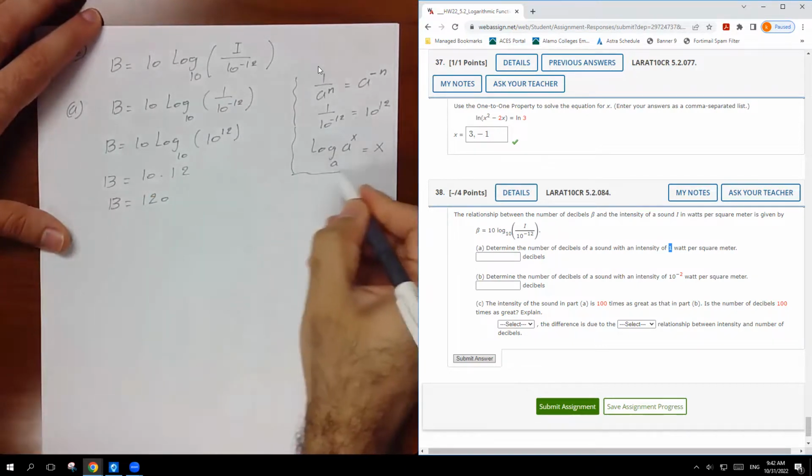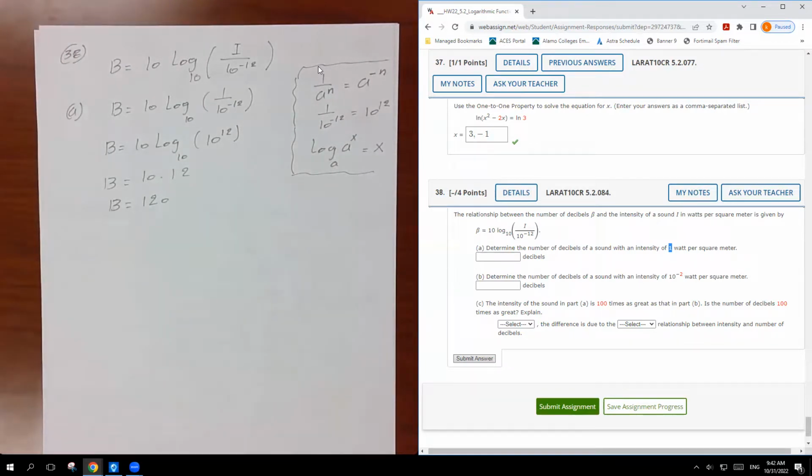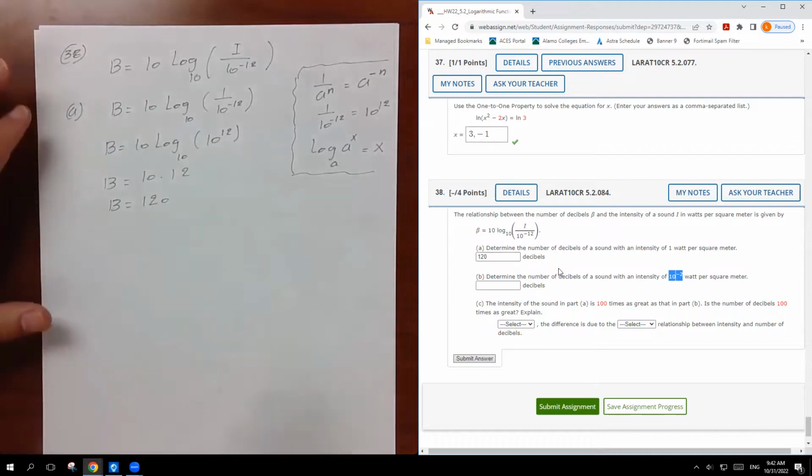I'm using the logarithm properties. So the first one here is 120. For part B, you do the same thing, but now I equals 10 to the negative 2.